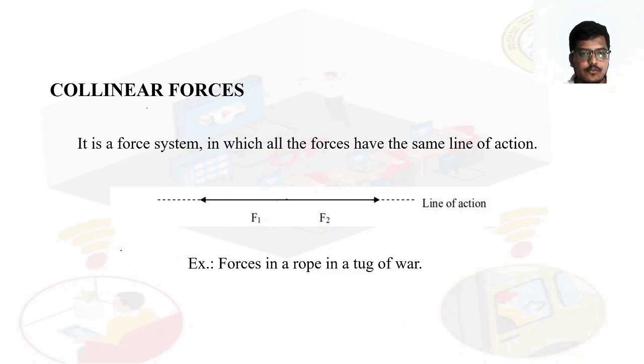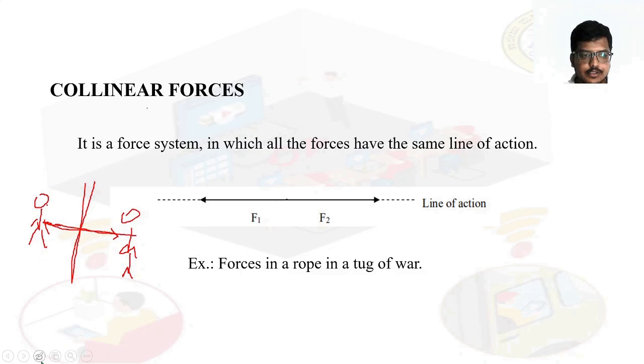What is this tug of war? It is a game. There is a team of people here and another team of people here, and both teams hold a rope. They pull the other team to their own side.